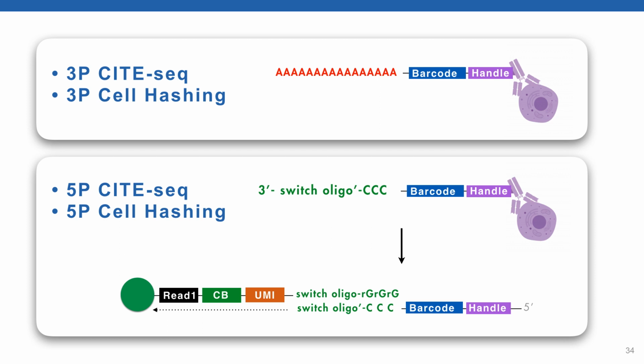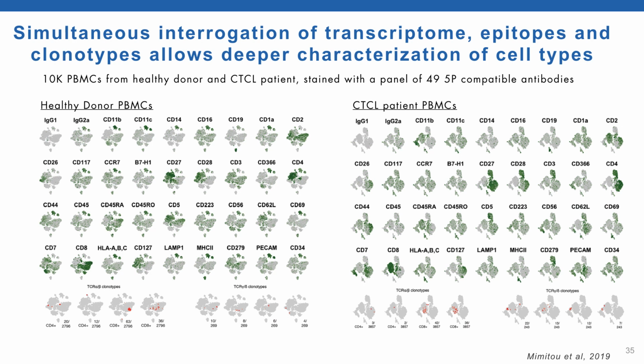But instead of the poly-A sequence, we have now a region that's complementary. It's a 13 nucleotide region that's complementary to the switch region of 10x's template switch oligo. And so upon RT, this oligo here gets extended, and you now have the joining of the cell barcode and UMI from the bead to the barcode derived from the antibody.